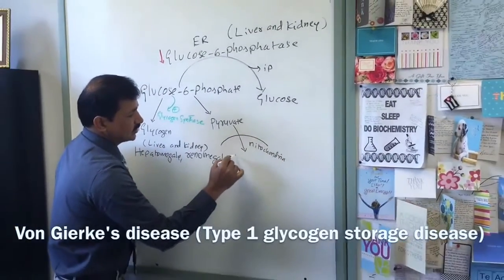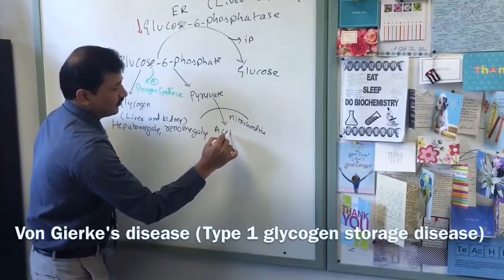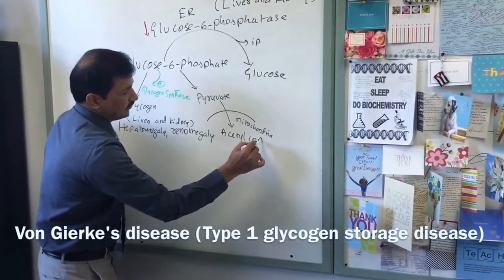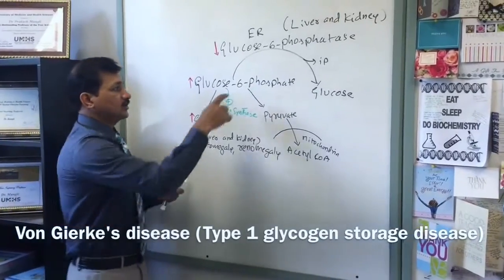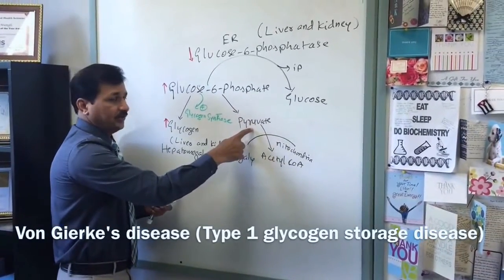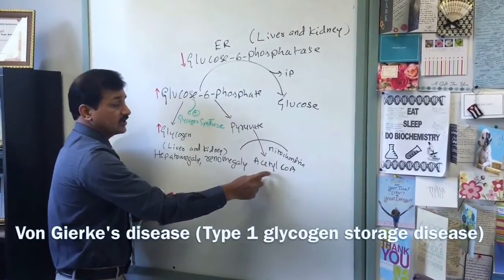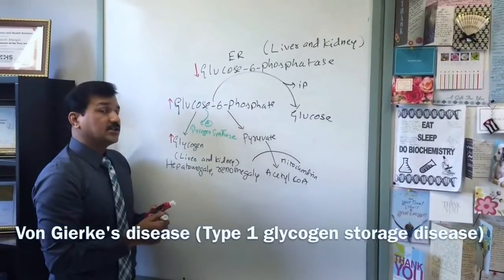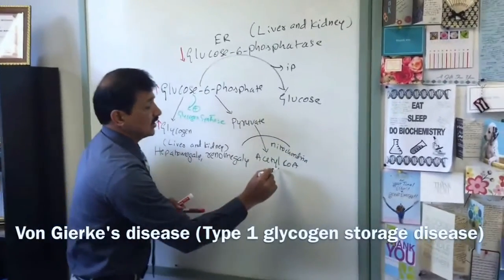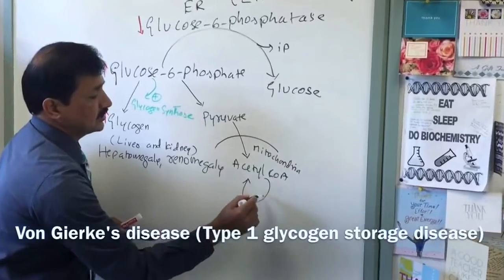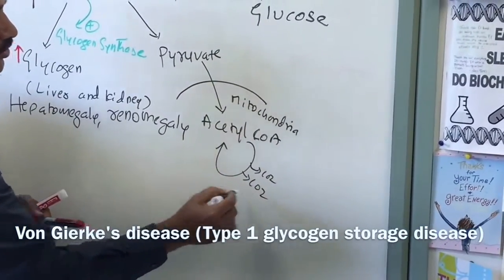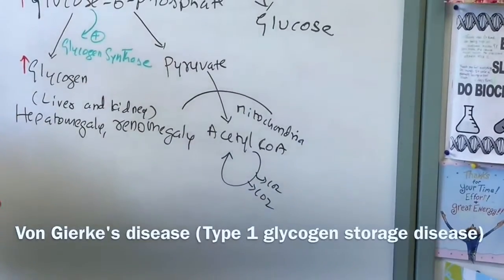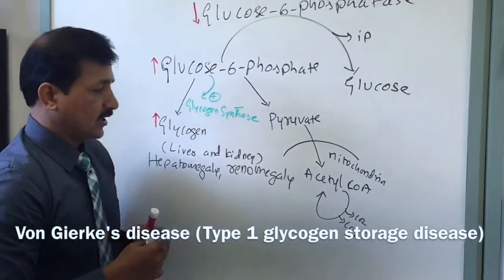Pyruvate gets into the mitochondria and forms acetyl-CoA. So excess glucose 6-phosphate means excess pyruvate, and excess pyruvate will form excess acetyl-CoA. Initially acetyl-CoA gets into the TCA cycle and is completely burned down into carbon dioxide. You all know the end product of the TCA cycle is carbon dioxide.